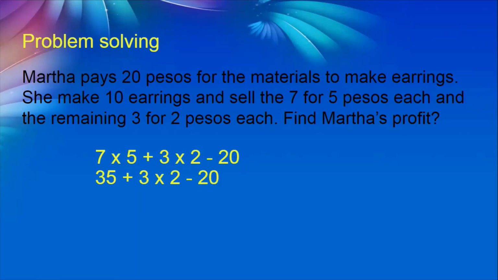So we have 35 plus 3 times 2 minus 20. We still have 3 operations. The highest among these is multiplication, so we do 3 times 2. 3 times 2 is 6. So 35 plus 6 minus 20.